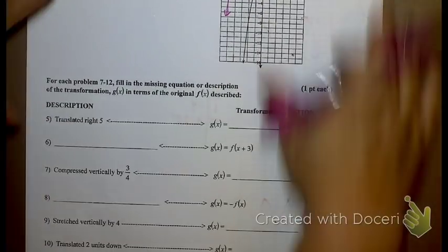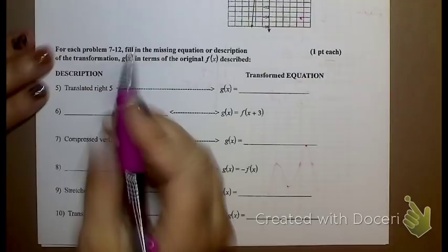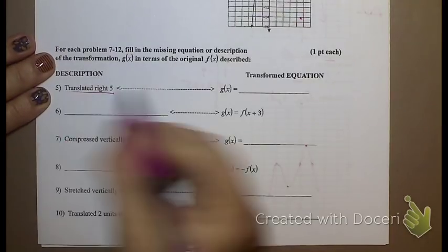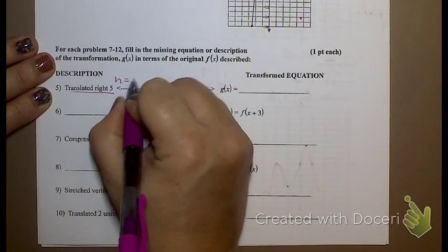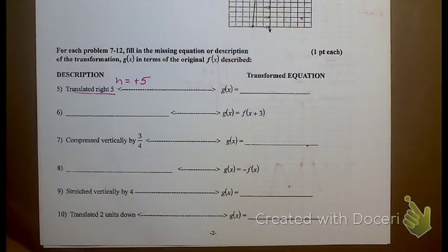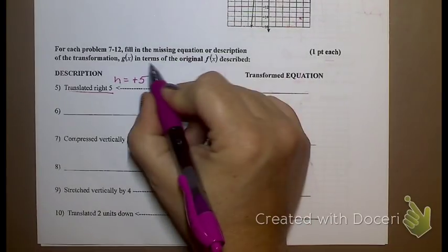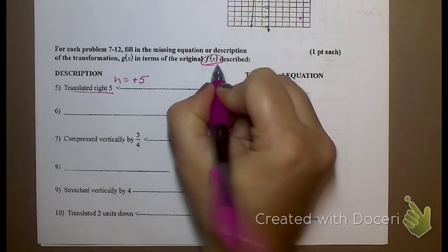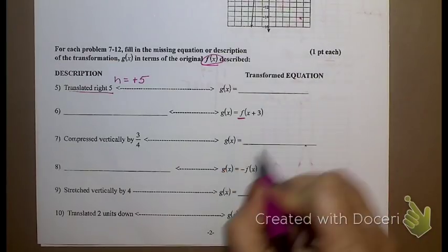Yeah. These ones go quick too. If you have something that is translated right 5, that means you have an H value of positive 5. By the way, does it tell me what type of equation I'm looking at? Does it tell me it's a cubic or anything? It doesn't, does it? It says, write it in terms of the original f of x. Do you see the f?